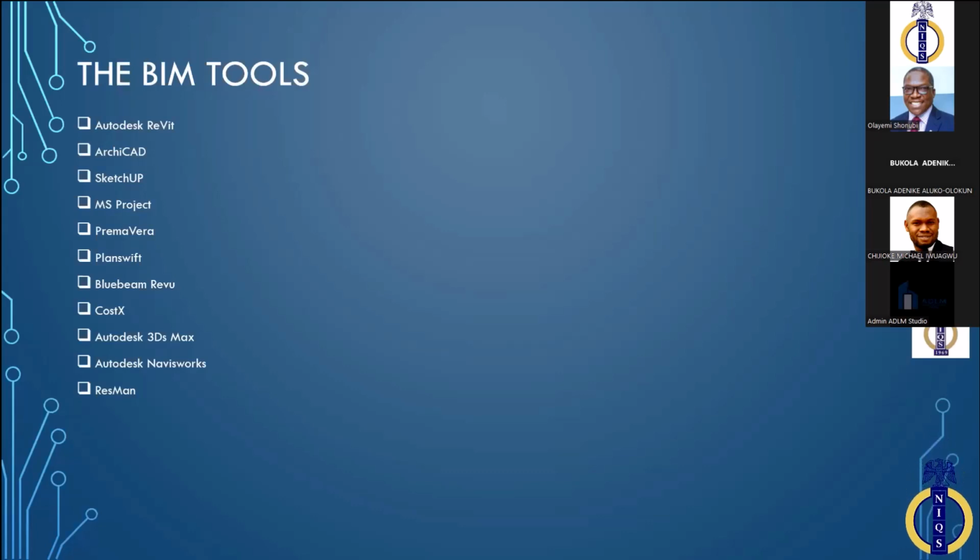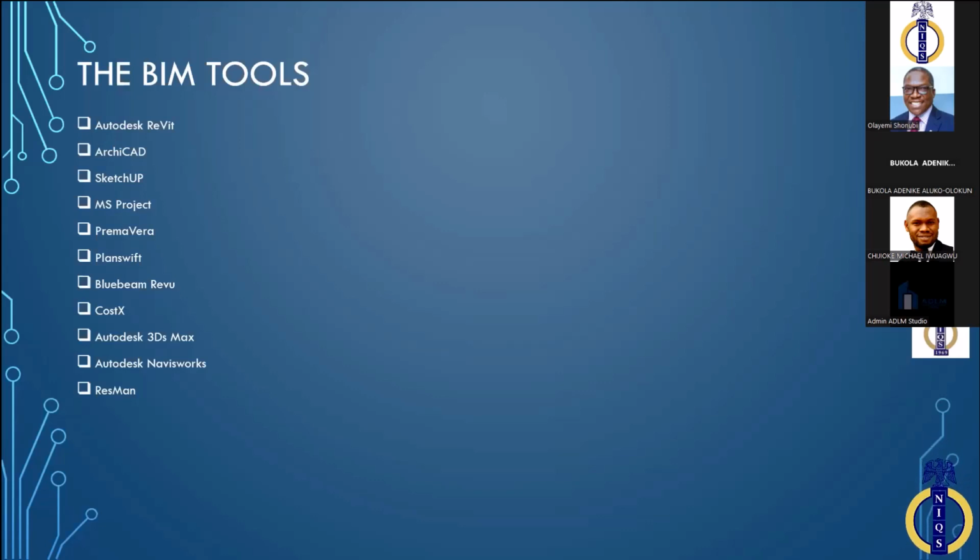Now, Navisworks. Navisworks is another powerful BIM software, just like Autodesk Revit. Now with Navisworks, after you're done, it is a full integration software where at the end of the day, you bring in all your designs into it.